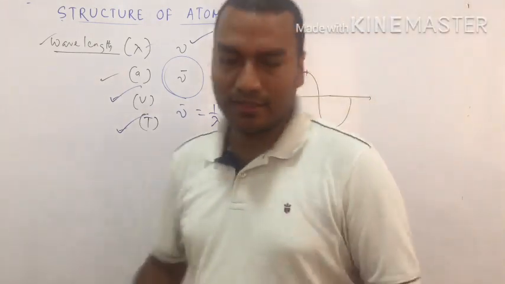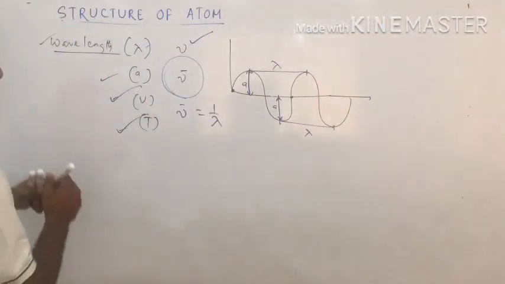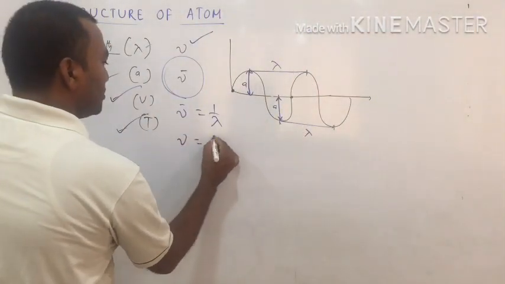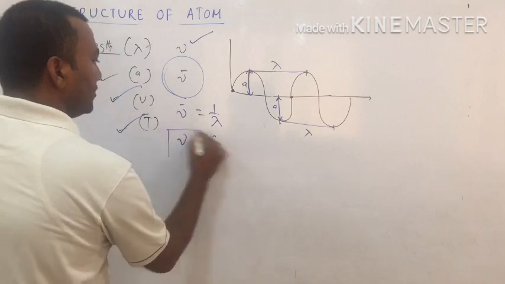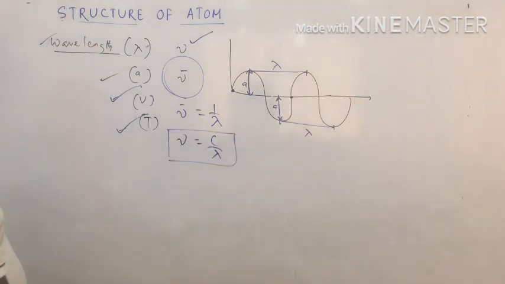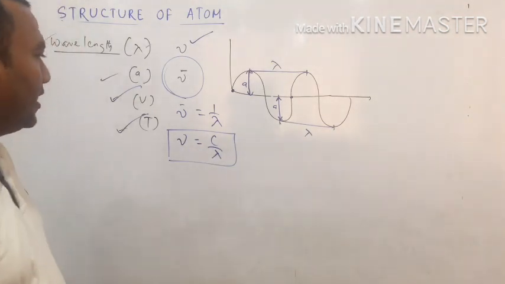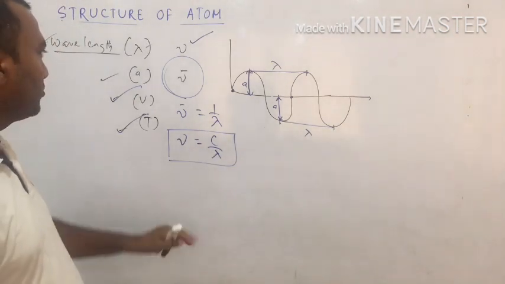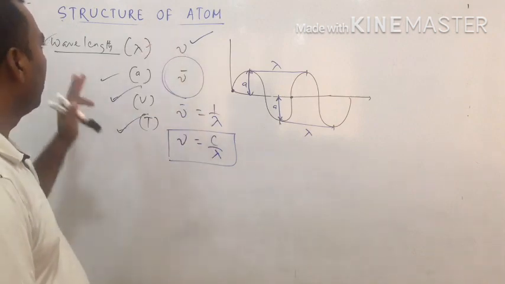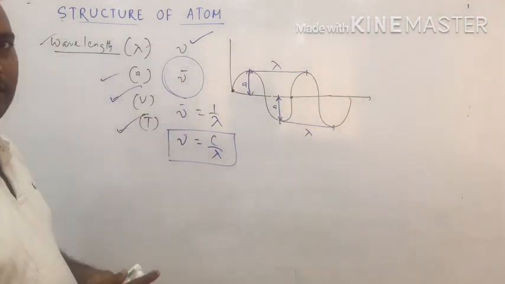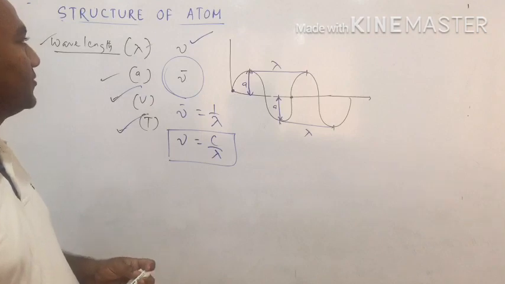And what is the relation? Always remember: nu equals C by lambda. Frequency equals the velocity of light divided by wavelength. So these are the different wave characters, different terms.